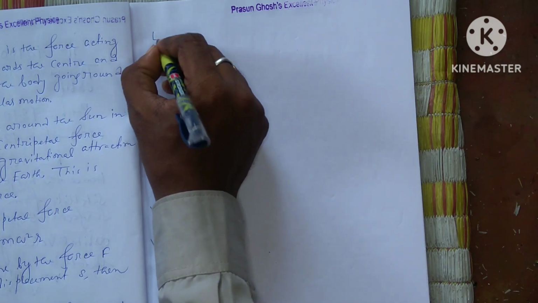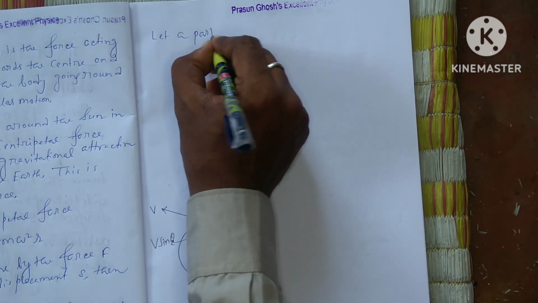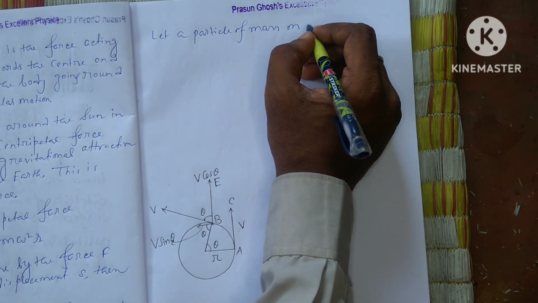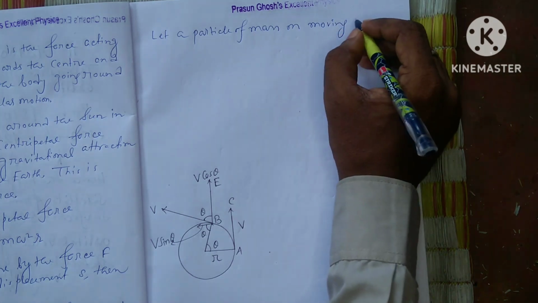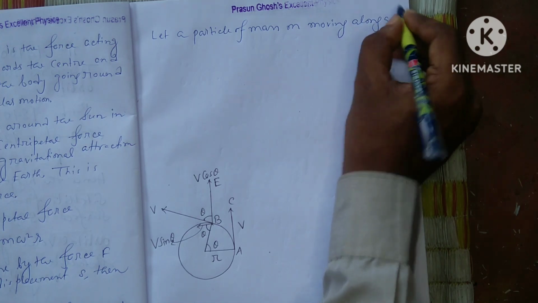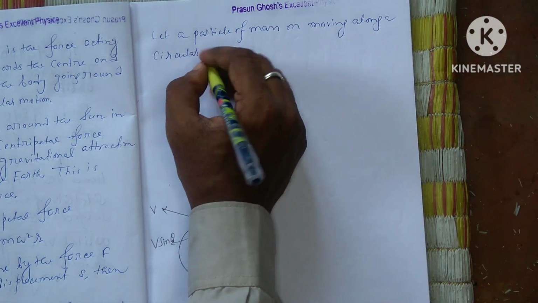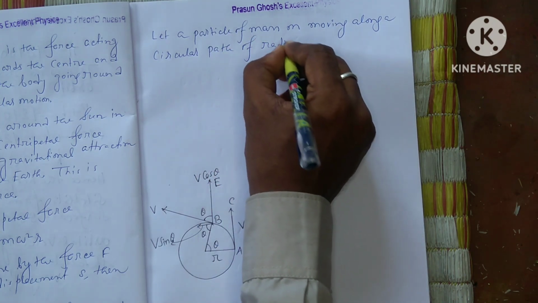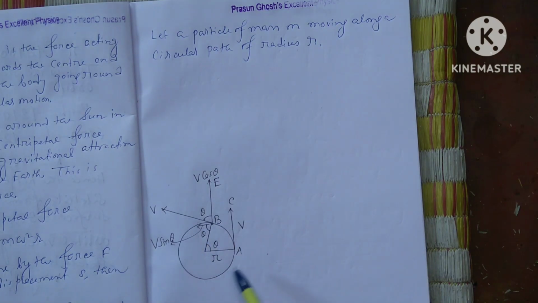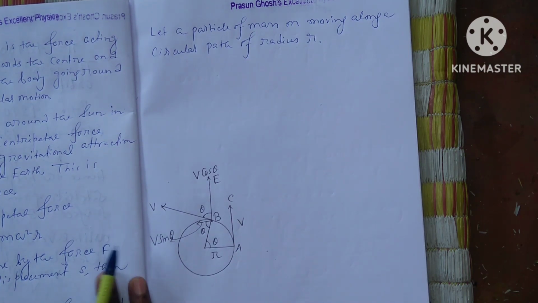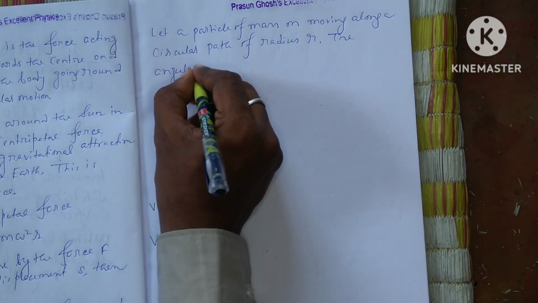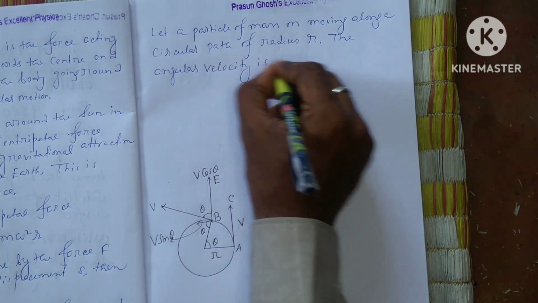Let a particle of mass m be moving along a circular path of radius r. The angular velocity is omega.